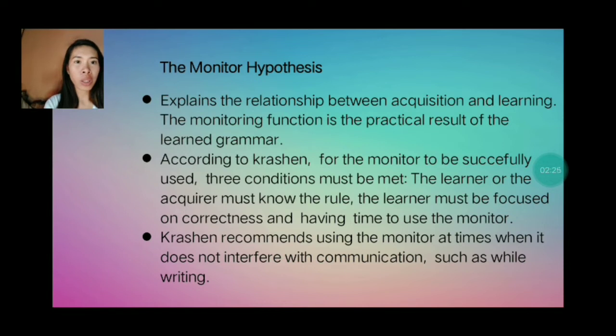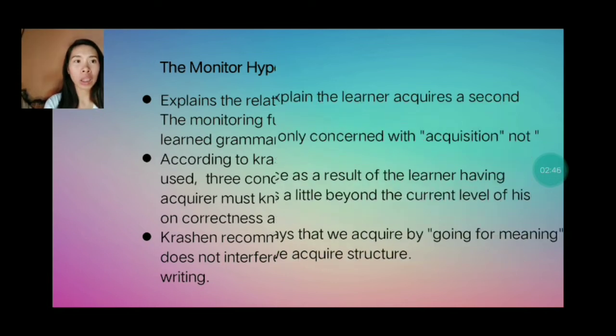First, the learner or the acquirer must know the rule. The second is the learner must be focused on correctness. And the last is having time to use the monitor. Krashen recommends using the monitor at times when it does not interfere with communication, such as while writing.